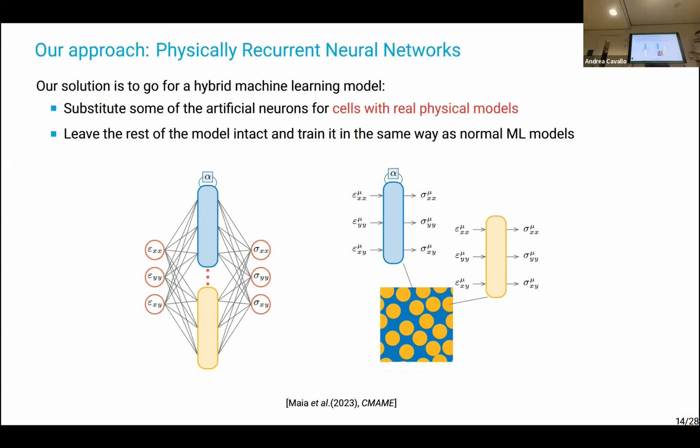So you can see this as a differential programming kind of thing, where we put physical blocks that are untouched by the network, and we let the network use them. The task of the network is then to tell these material models which inputs to use, get their outputs and combine them into something.